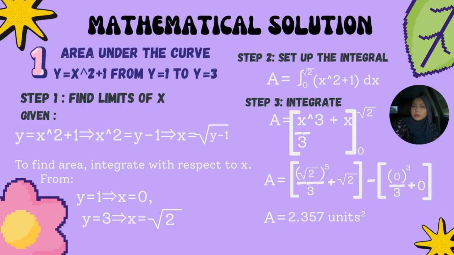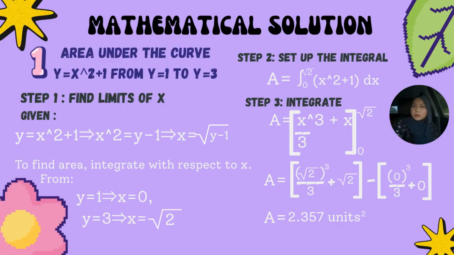Then we substitute the values into the integral. A equals (square root of 2 cubed divided by 3 plus square root of 2) minus (0 cubed divided by 3 plus 0).